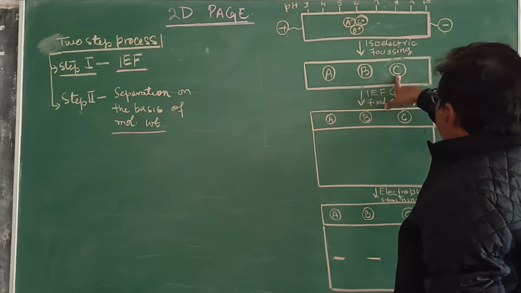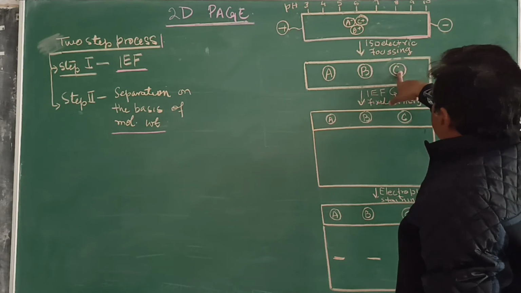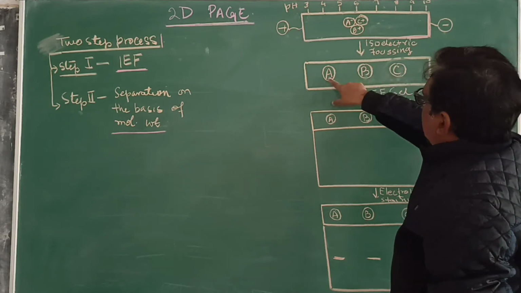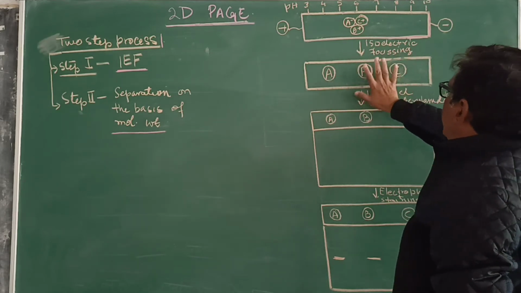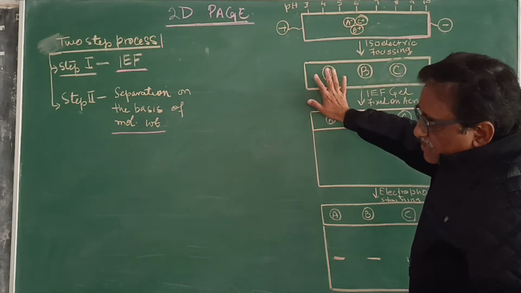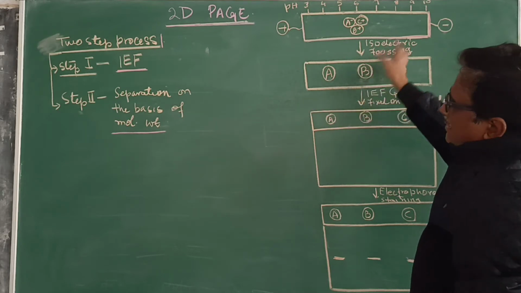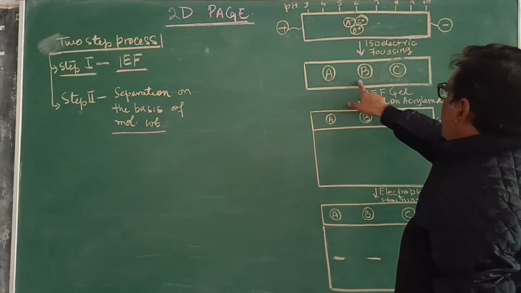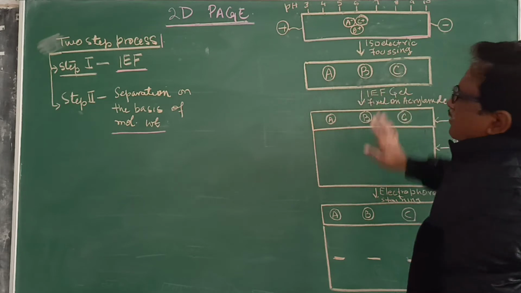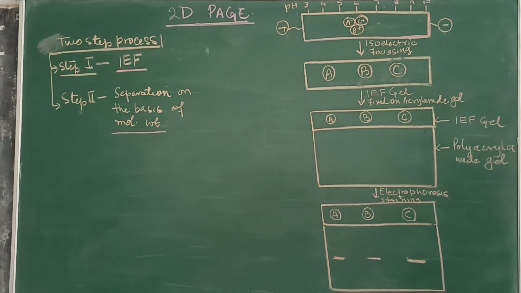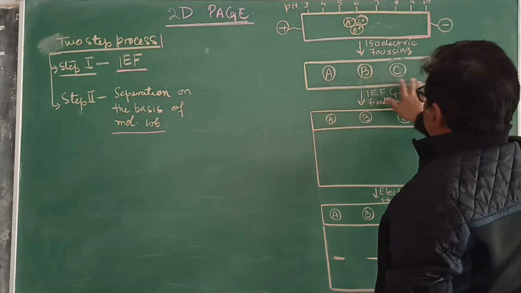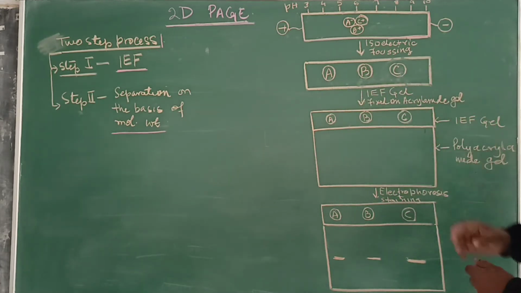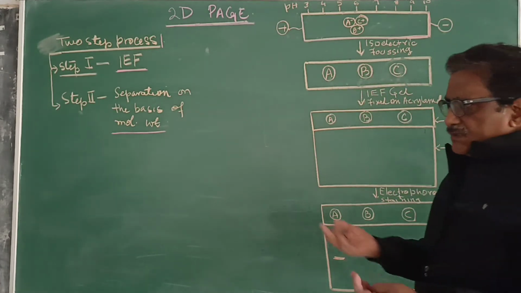This is the isoelectric point of C, this is for B, and this is the isoelectric point for A. They have different isoelectric points, and they stop migration at different points, so ultimately they get separated from each other. This is the one-directional separation movement. This takes place over about 6 to 8 hours.